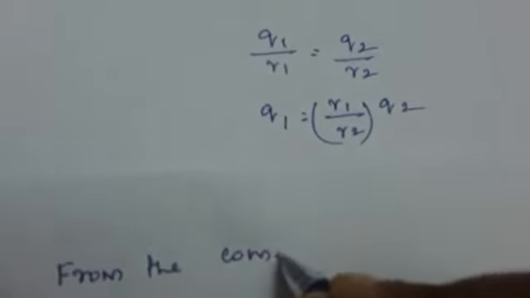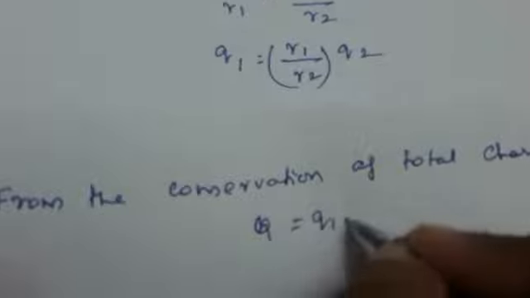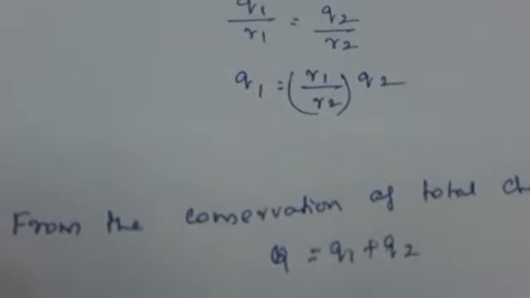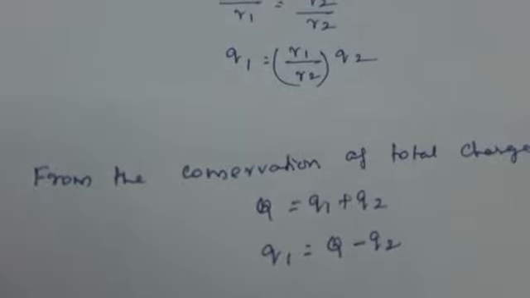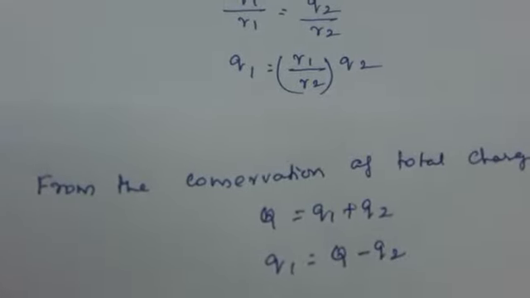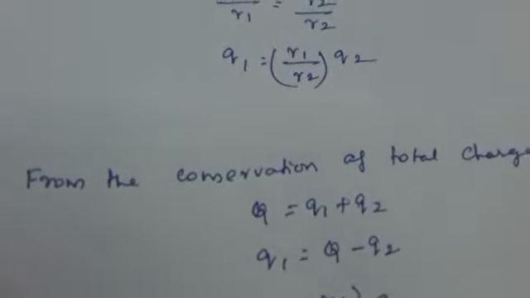Now from the conservation of total charge, we can write Q equal to Q1 plus Q2. So Q1 is equal to Q minus Q2. Substituting this for Q1, Q minus Q2 is equal to R1 by R2 into Q2.